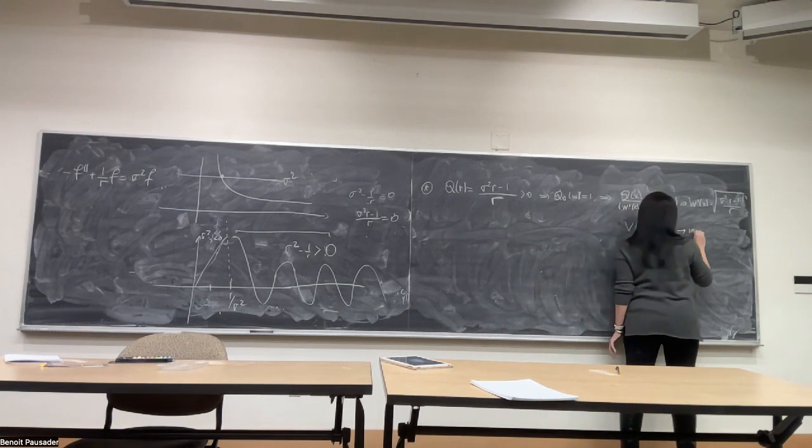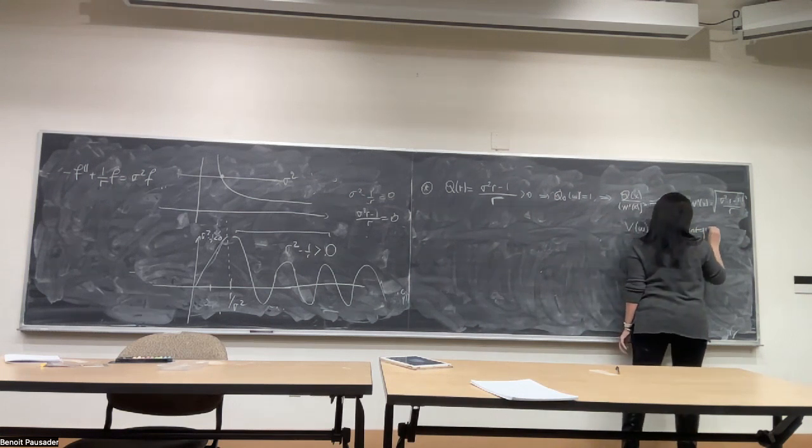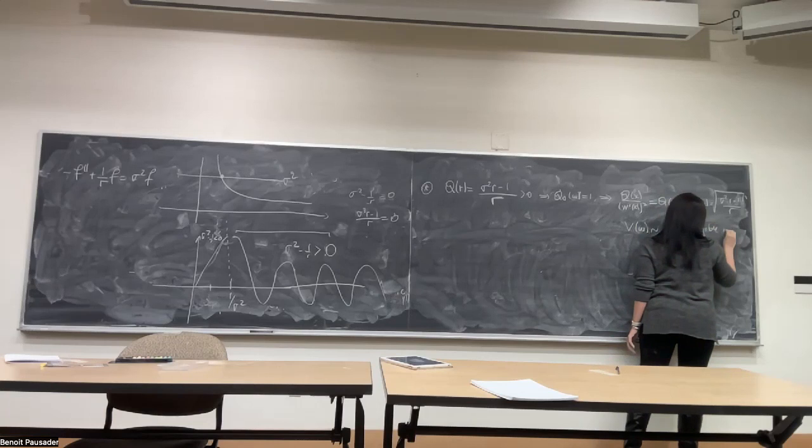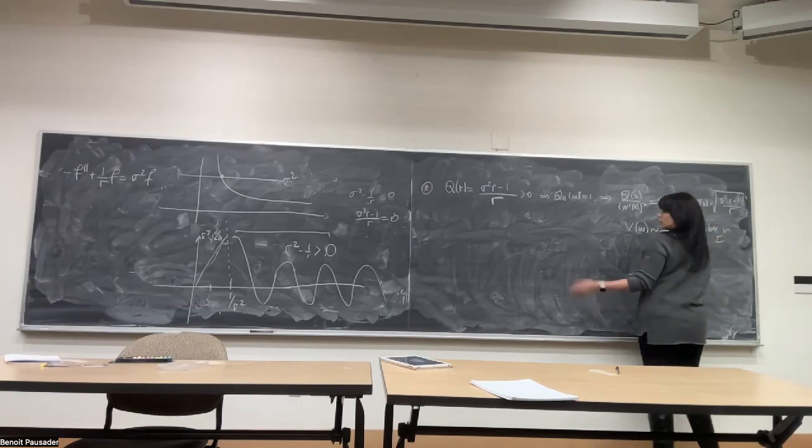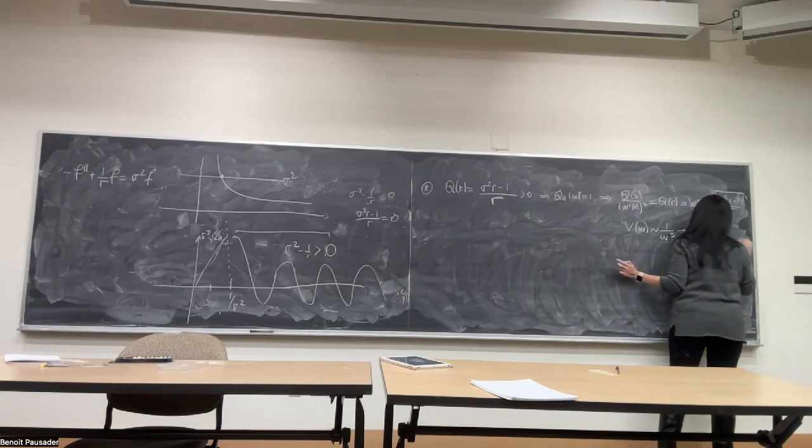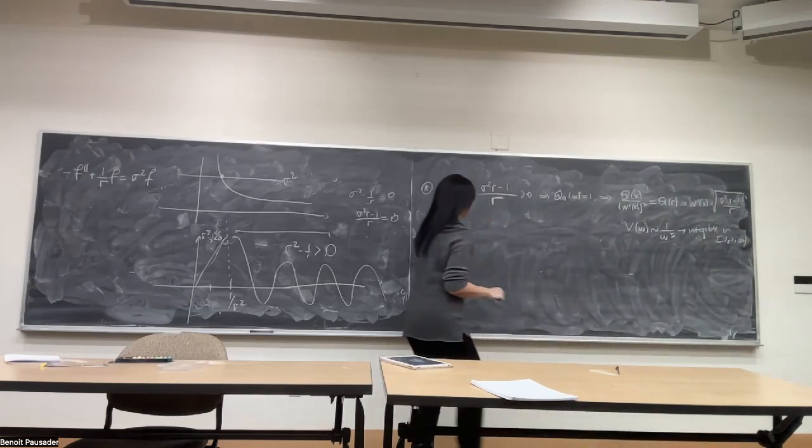So that's why it will be integrable in the domain, let's say up to 1 over sigma squared, and we will be fine over there.